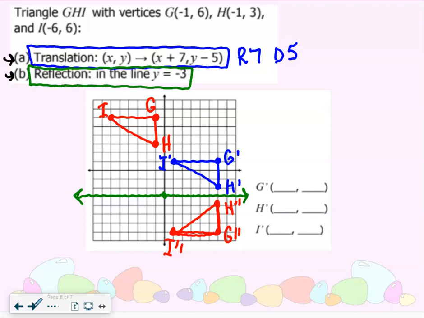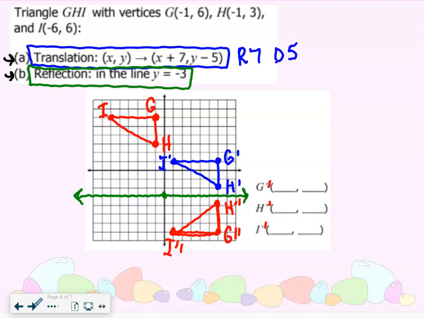This is a typo. These should really have double primes next to them. So this should say G double prime, H double prime, and I double prime. If you would fix that in your notes for me, that would be super. And now we're going to label our ordered pairs. If we do G double prime, it should be 6, -7.